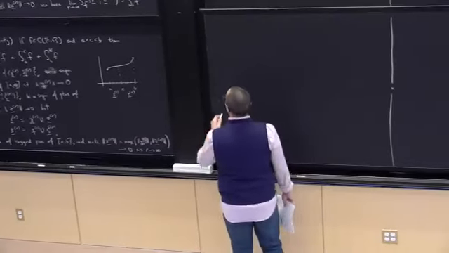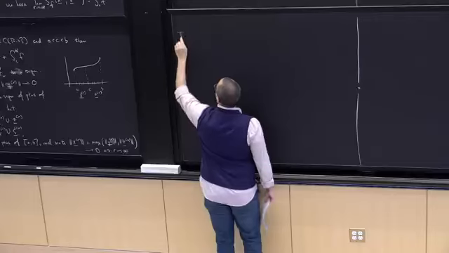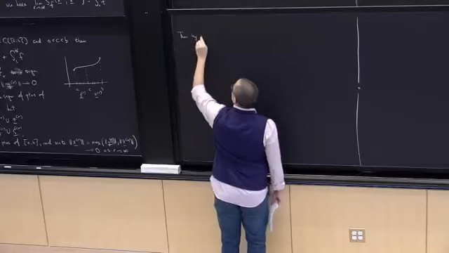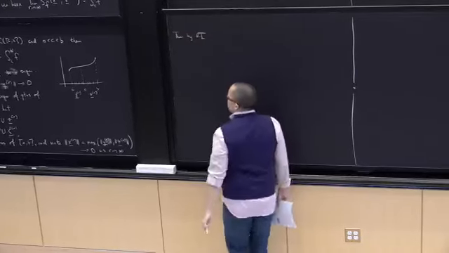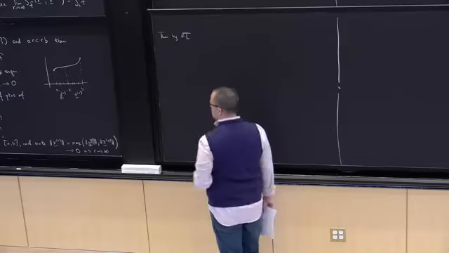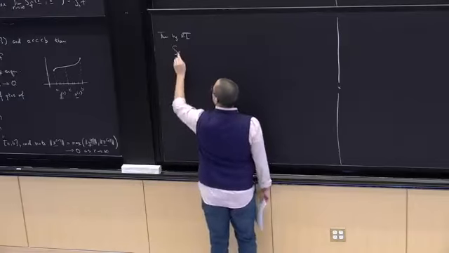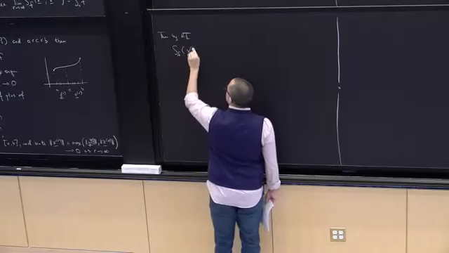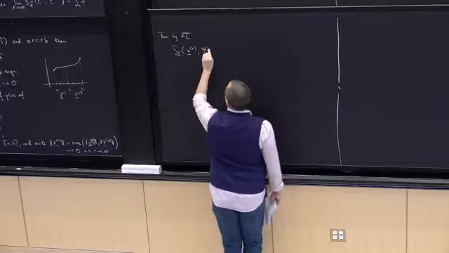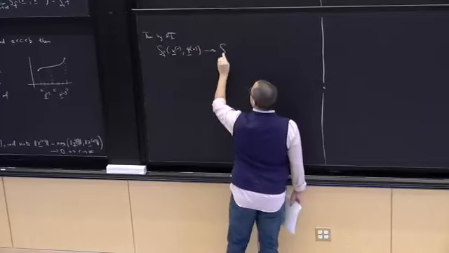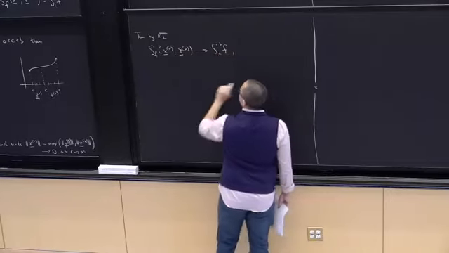So by this theorem, what do we know? We know that the Riemann sum associated to this converges to the integral from a to b of f.